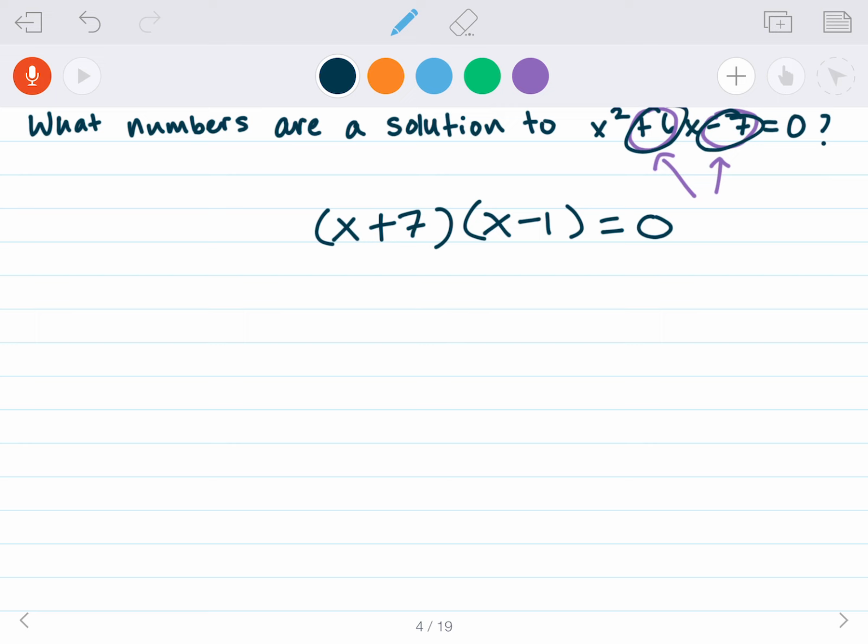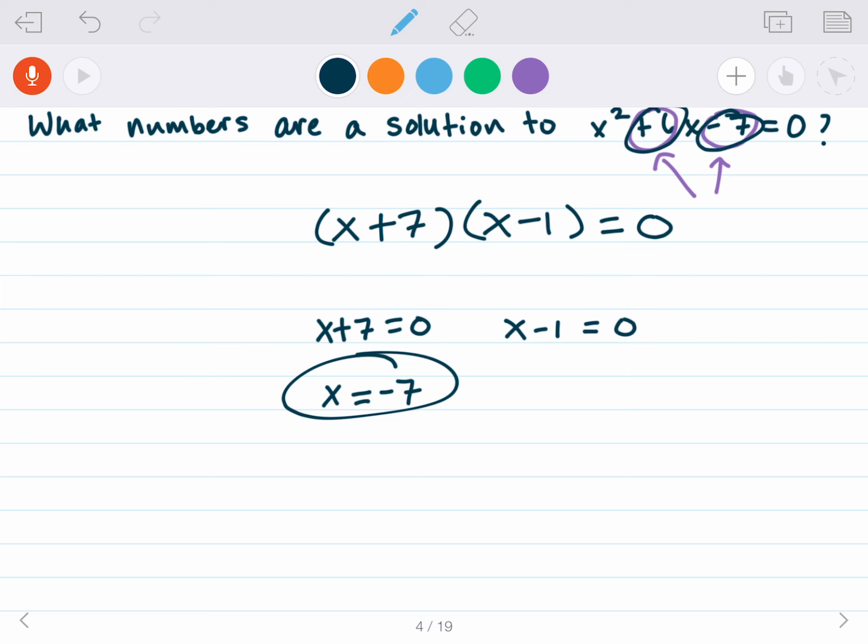Excellent. So now that we have everything factored, we'll set each factor equal to 0 independently and solve for x. So on the left side, subtracting 7 from both sides, I get x equals -7. And adding 1 on both sides to the other equation, I get x equals +1.